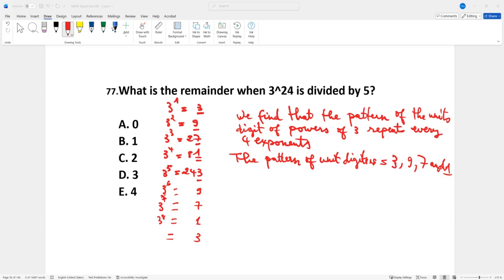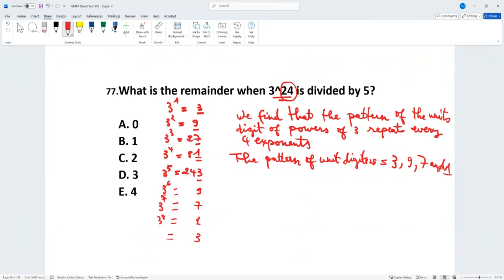So all the positive exponents that are multiples of 4 are going to produce a 1 as the unit digit. So we have 4 here. Why are we saying that? Because the question is to find 3 exponent 24 divided by 5. What is its remainder? So we know that the exponent 24 here is a multiple of 4.